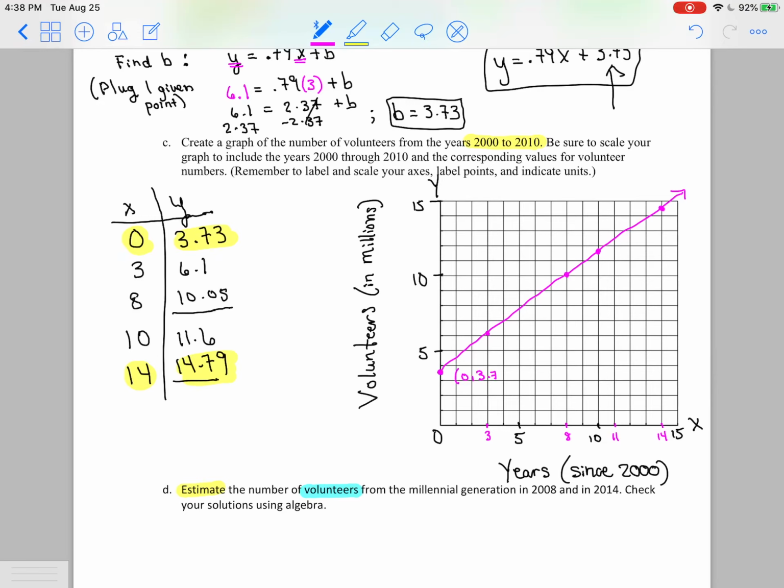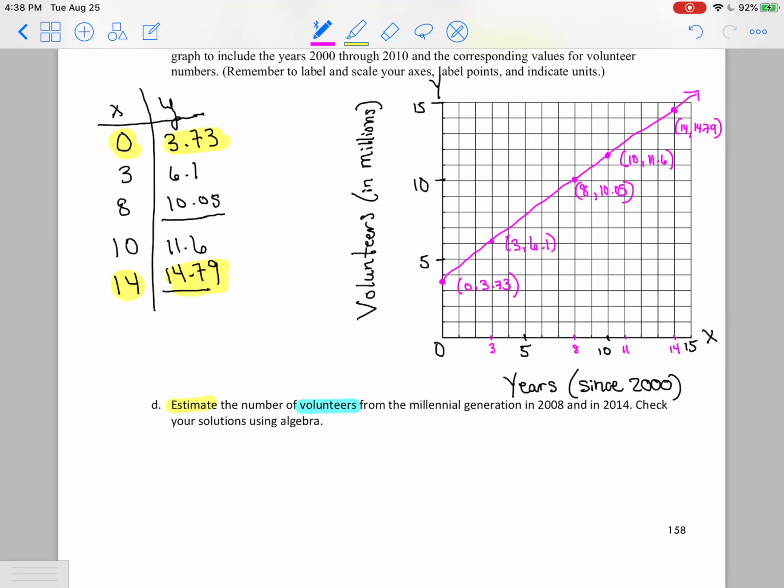All right, and then of course we would go back and label our points. 3, 6.1, 8, 10.05, 10, 11.6, and lastly 14 and 14.79.